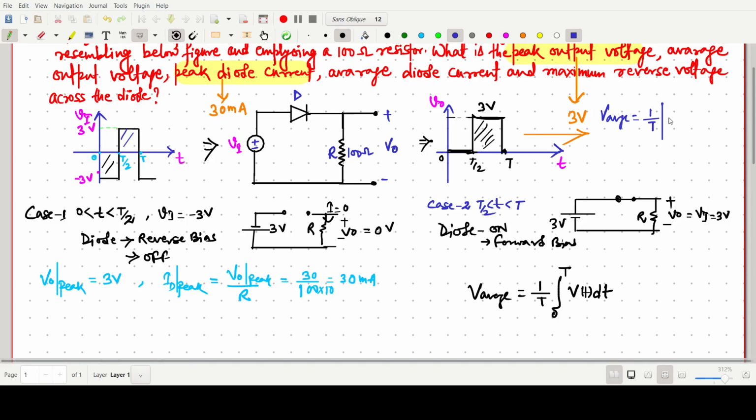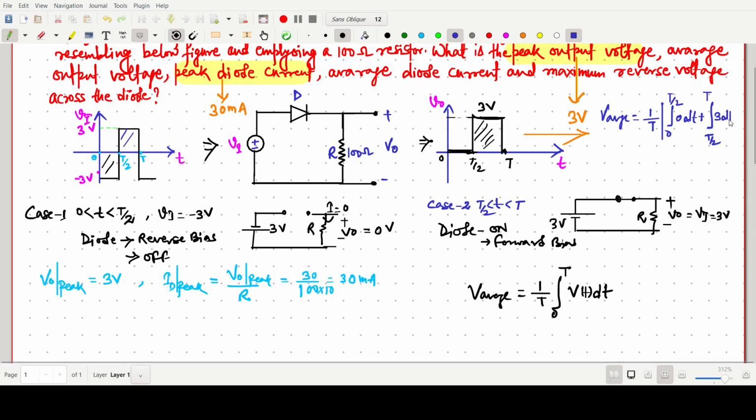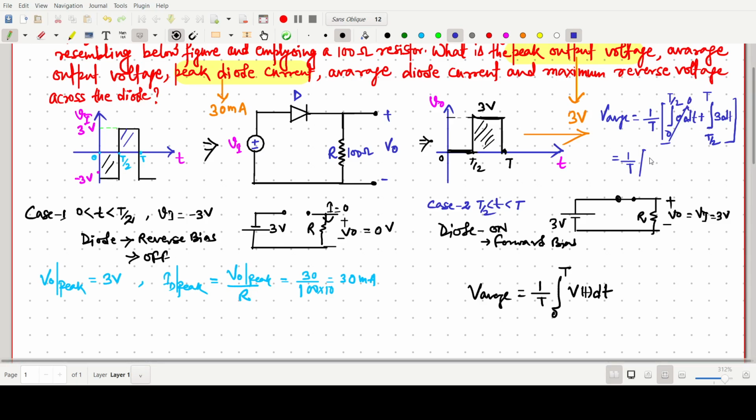From 0 to T by 2 the voltage is 0, so 0 dt, plus T by 2 to T, this voltage is 3, so 3 dt. So the first part is simply 0, and 3 dt means simply T minus T by 2, a simple calculation.